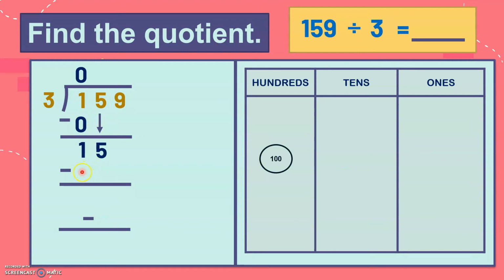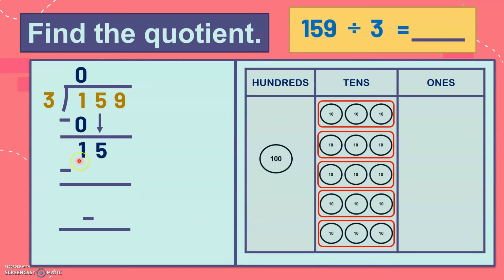Again, we cannot divide 1 into 3. So 1 will regroup into tens and it will become 15 tens. So 15 divided by 3. So we have 1, 2, 3, 4, 5. So we have 5 threes.